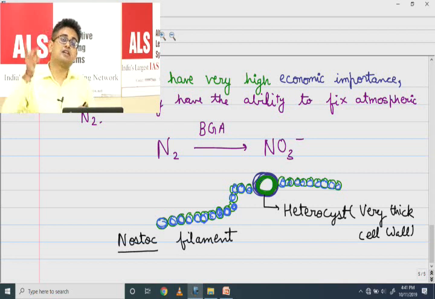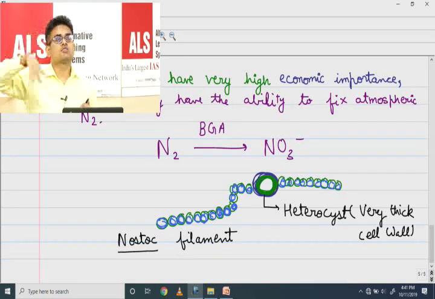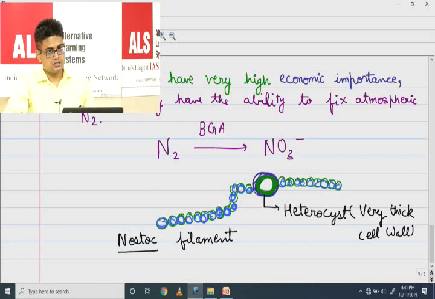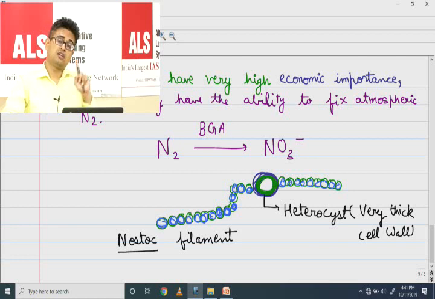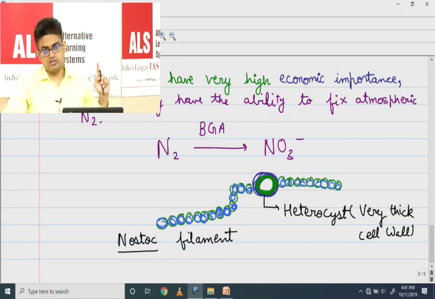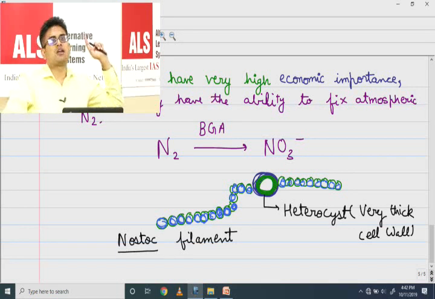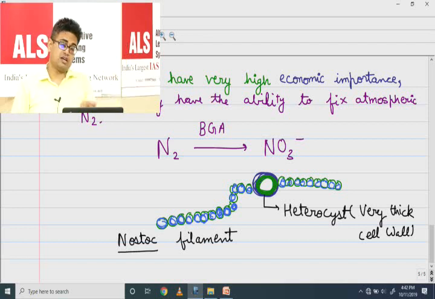So they develop special cells with a very thick cell wall so that oxygen cannot enter. These cells can fix nitrogen at a very high rate, whether in air or below the soil surface. Below the soil surface, where there is no oxygen, every cell is capable of fixing nitrogen. But near the soil surface, where there is sunlight, there will be oxygen also, and these are oxygen evolving bacteria. So normally, only the heterocyst will be able to fix nitrogen.